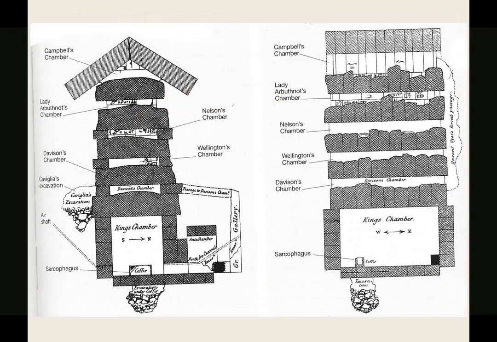But a little bit out of chronological order, early explorers: Caviglia was late 1700s. He went through this passageway that was dug by ancient Egyptians, found this chamber right here, and he figured he could dig down, and he tried to dig to the air shaft to see if he could get to that air shaft and find out if there was anything more to it. 50 years later, early 1800s, a guy by the name of Colonel Howard Vyse came along, and he had gunpowder.